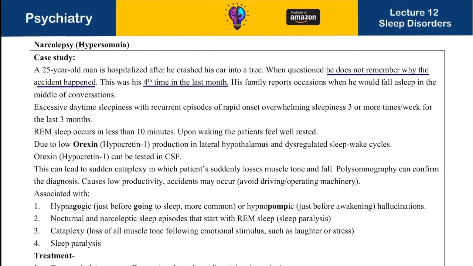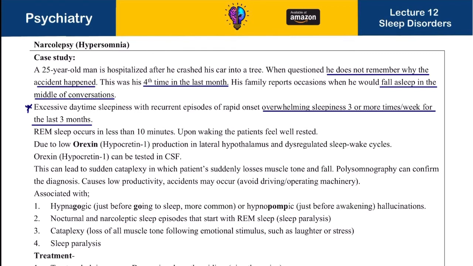This is a typical case of narcolepsy. This is characterized by excessive daytime sleepiness with recurrent episodes of overwhelming sleepiness 3 or more times per week for the last 3 months. This is the diagnostic criteria.